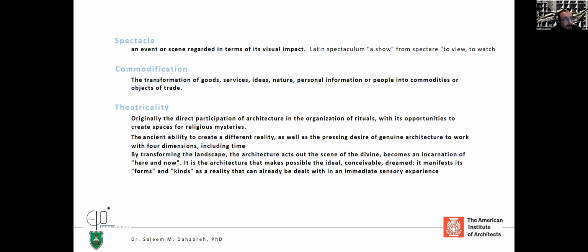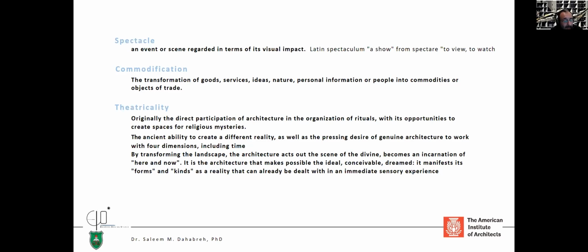Commodification, the transformation of goods, services, ideas into commodities and objects of trade, which means everything has a tradable value. We're not talking about absolute values. Mostly we're talking about tradable values, which kind of lessens the absolute value of something.